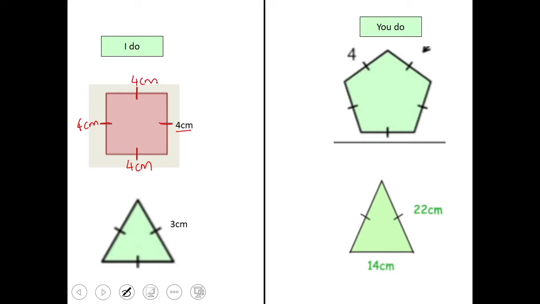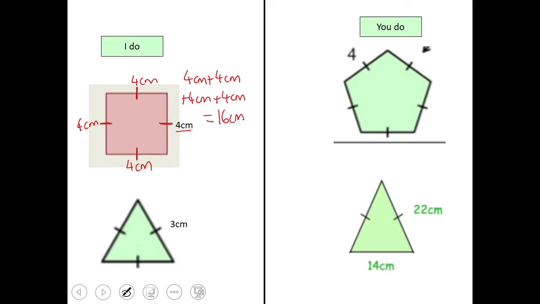So we add all of these together in order to find the perimeter. So we do 4 centimeters plus 4 centimeters plus 4 centimeters plus 4, which equals 16 centimeters.